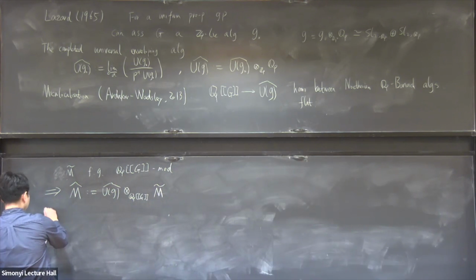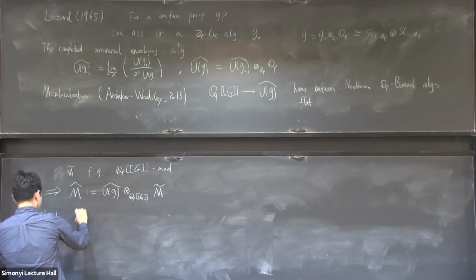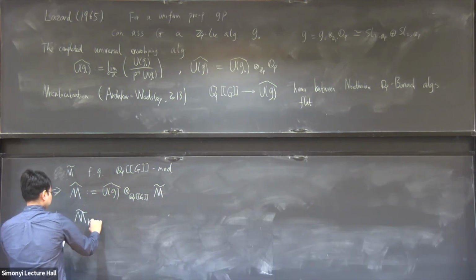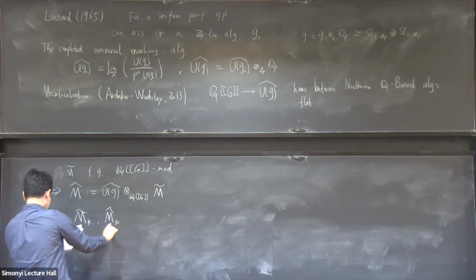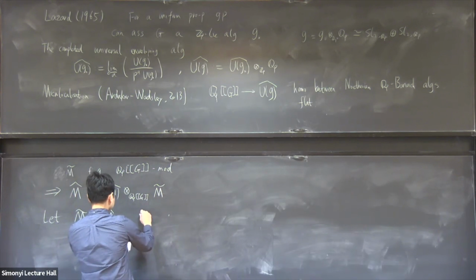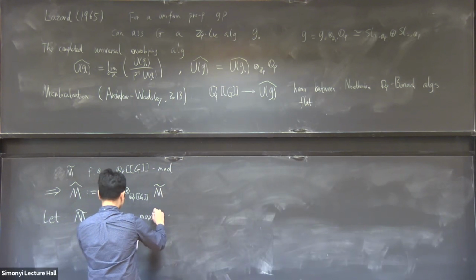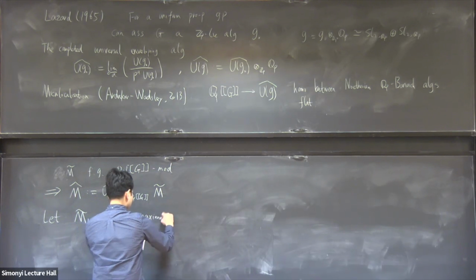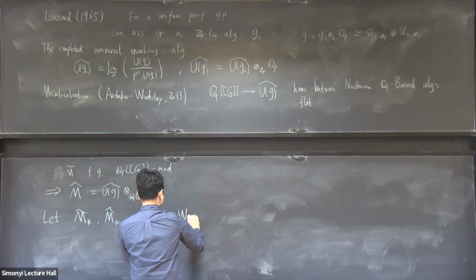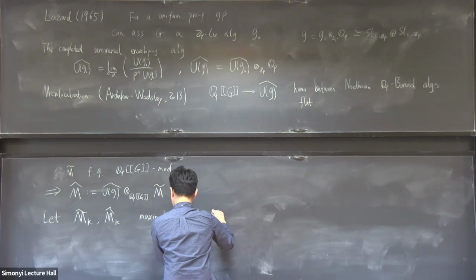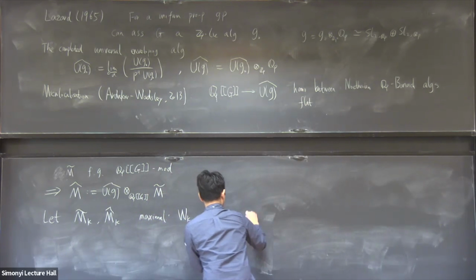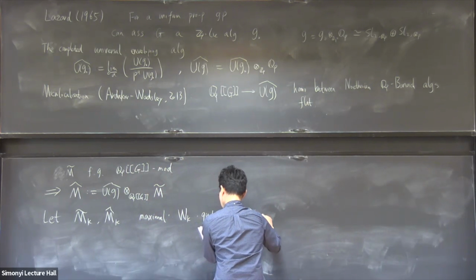That's M_K tilde and M hat tilde. M hat K be respectively the maximum WK quotients of these two modules.